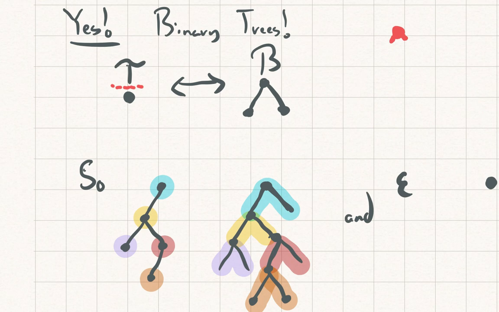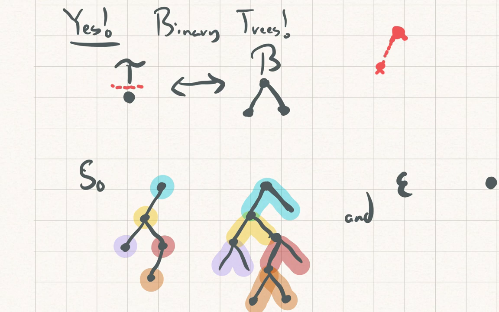Maybe I wanted to append something to the left here, so I'd append this, and then I would just join it up. So really, I'm matching the vertices in the regular binary trees with these sets of three vertices joined by two edges in balanced binary trees.